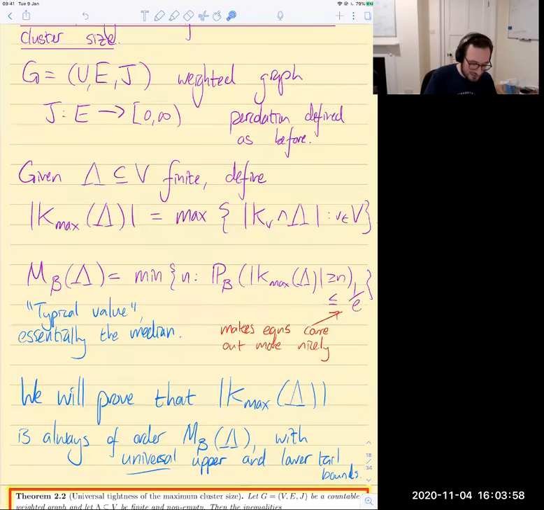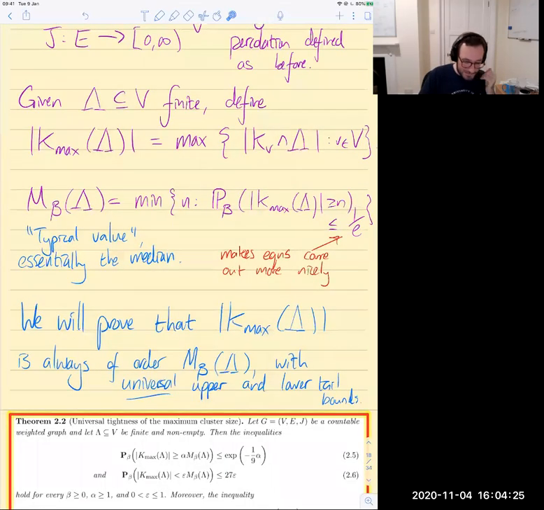So it's just the maximum intersection of a cluster in the percolation configuration with lambda. I don't require the connections to be inside lambda. I just take the whole cluster in the whole graph and intersect it with lambda, and look at the biggest intersection that I can.